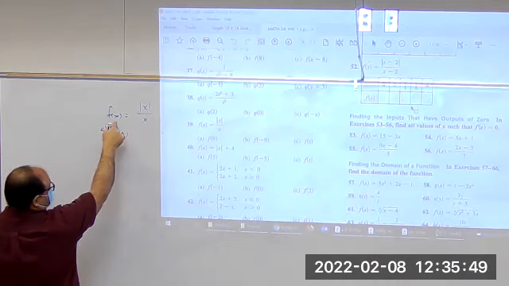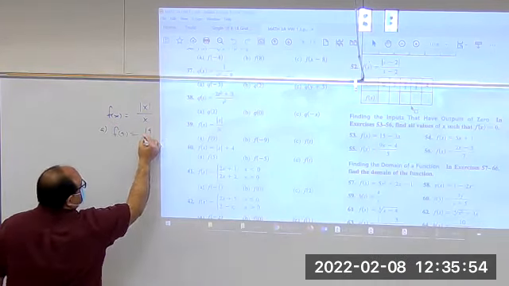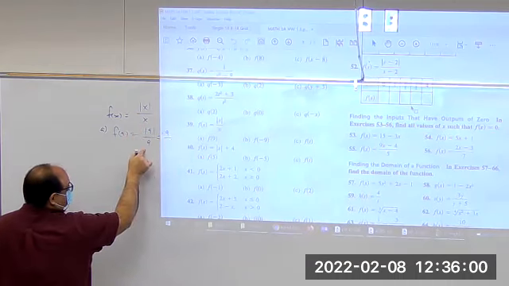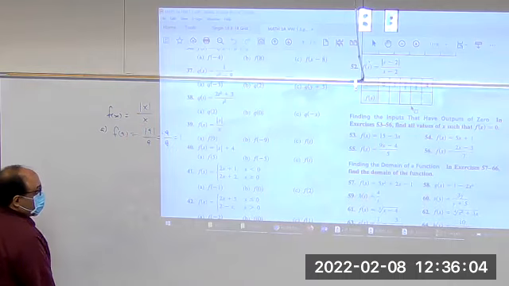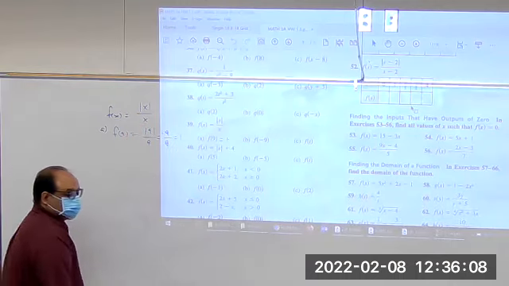So replace x with a 9. It's the absolute value of 9 divided by this x is now a 9. The absolute value of 9 is 9. 9 over 9, 1. So f of 9 equals 1.